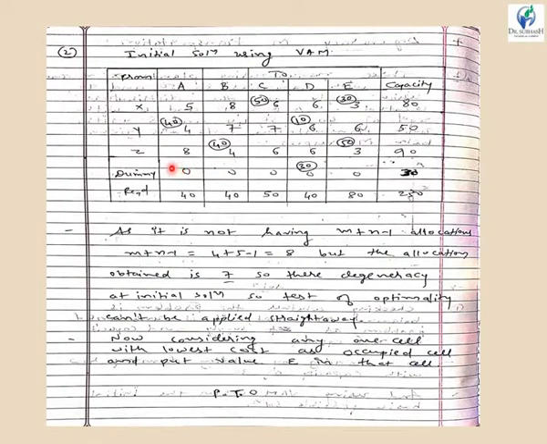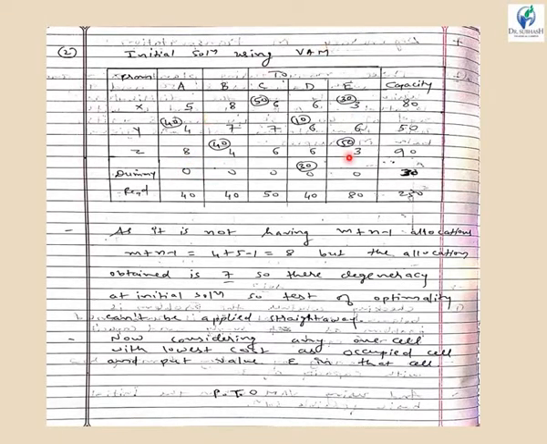The epsilon value should be put in that cell which is independent, such that there should not be any loop formation. There and there only you will have to substitute that smallest value epsilon.